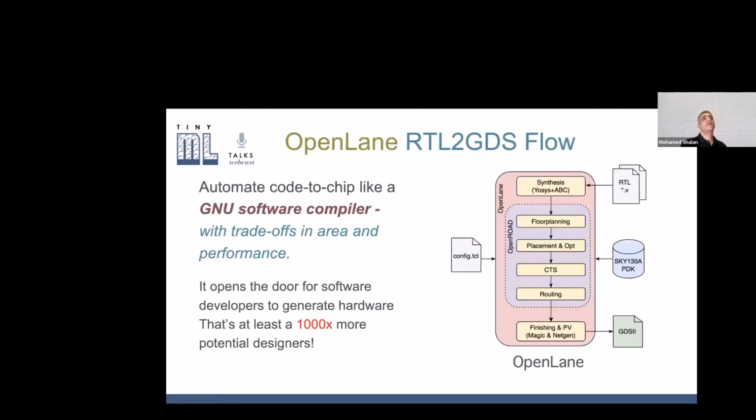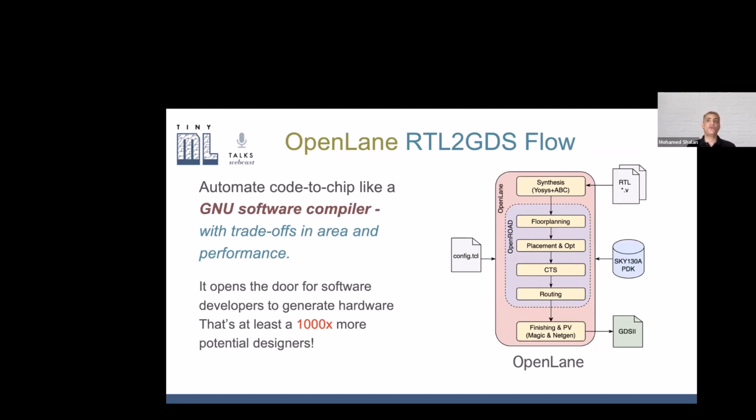Also, as a part of what we offer to help the community, we provide OpenLane, which is an open source flow that tries to make chip design a push-button process.